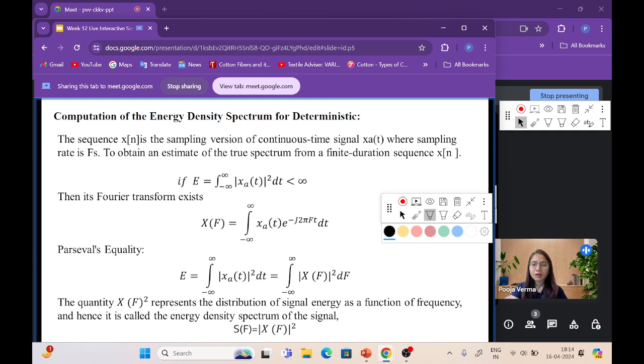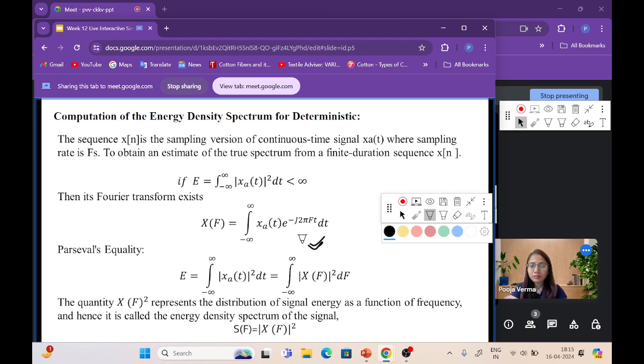To estimate the true spectrum of a finite-duration sequence x of n, if the energy, equal to the integral from minus infinity to infinity of mod of xa of t whole square dt, is less than infinity, then the Fourier transform exists for this signal: X of f is equal to the integral from minus infinity to infinity of xa of t e to the power minus j 2 pi f t dt.